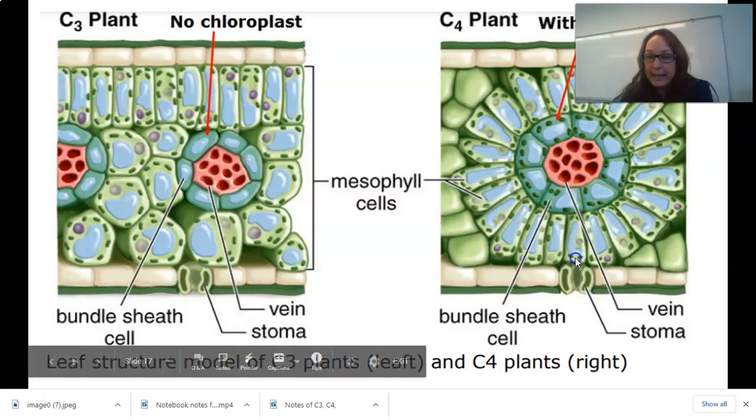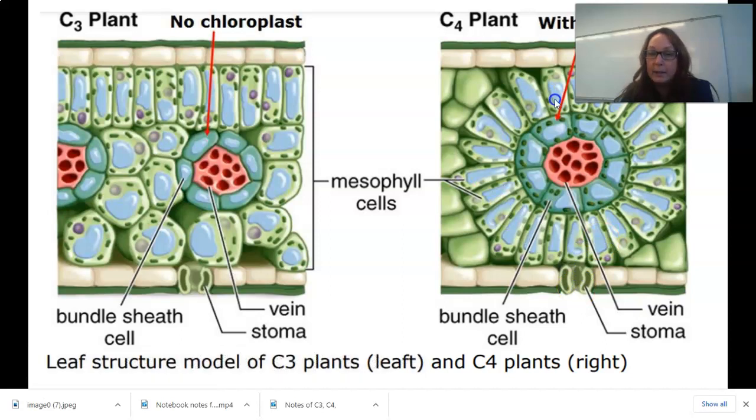Instead you still have epidermal layers, cuticle, stomata, but the only cells that are exposed to the gases that come in and out through the stomata are these parenchyma cells right here in the mesophyll. Then you have inside, separated from the gases, these bundle sheath cells. But look at the difference.